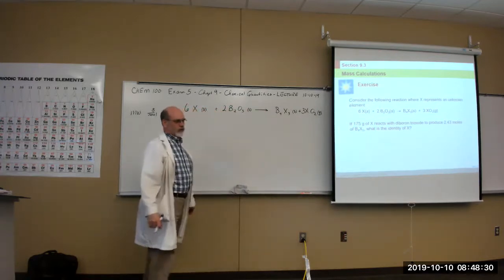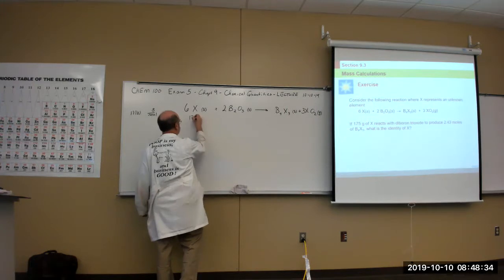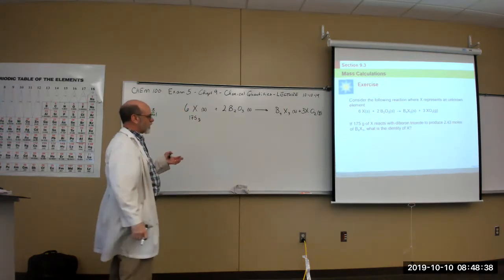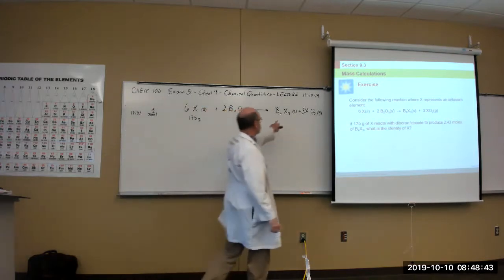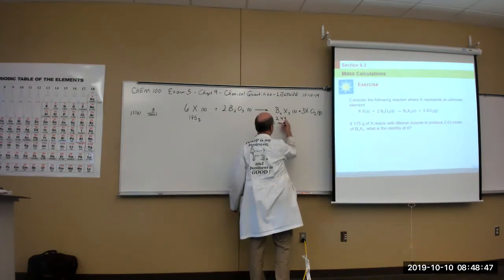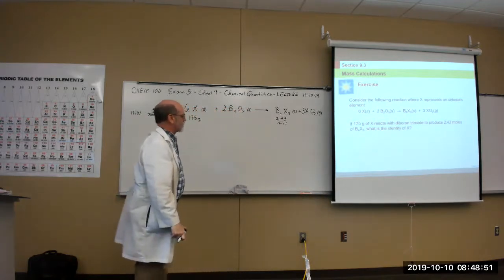I wanted to be sure that wasn't a decimal. 175 grams of X, right, are reacted with diboron trioxide to produce 2.43 moles of this compound. Okay, what's the identity of X?